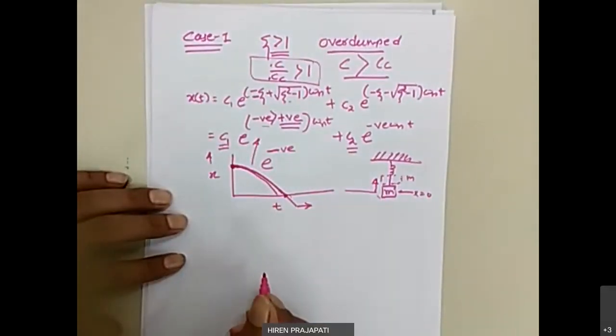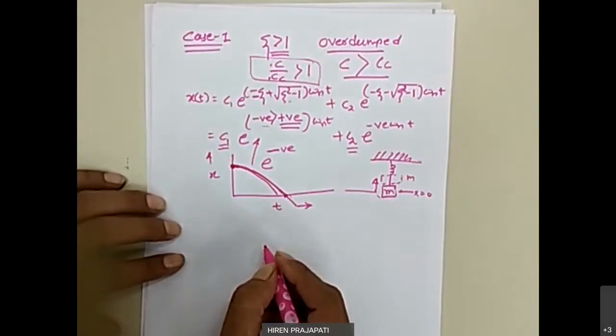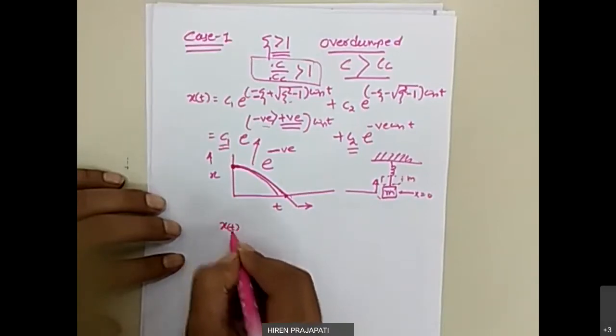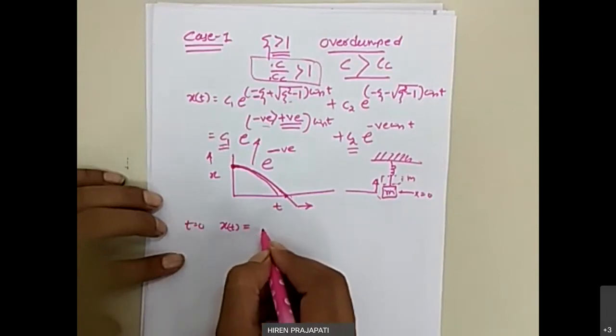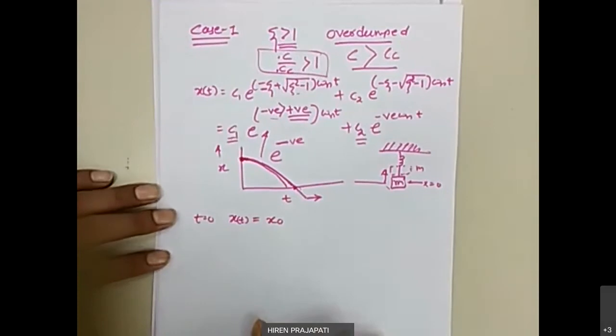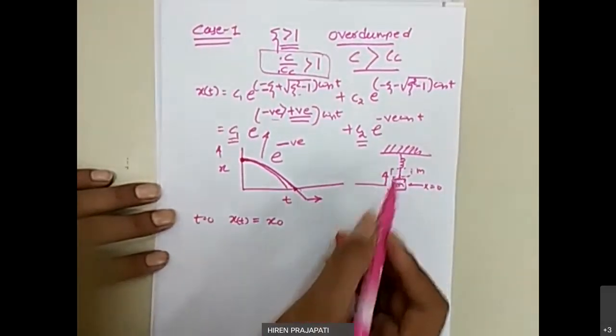Earlier we have done this type of process to find the initial constants, where we assumed that the initial displacement at time t equals 0 is, suppose, x0. That means at time t equals 0, we have given some initial displacement to the mass.